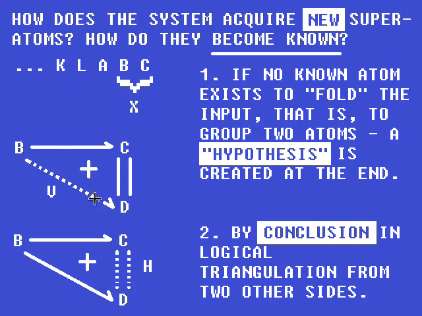The other possibility to reach a new atom in the system is by conclusion. If you didn't know that B is leading to D, then you can conclude that. If sugar is drunk with coffee and coffee is like tea, then sugar is being drunk with tea as well, okay?